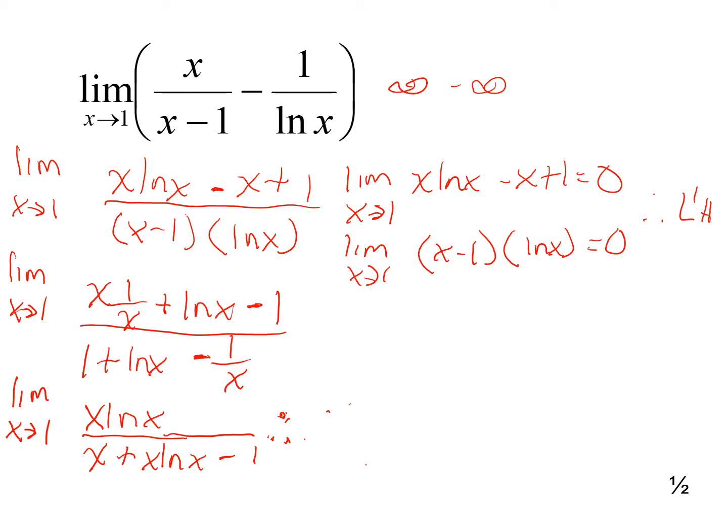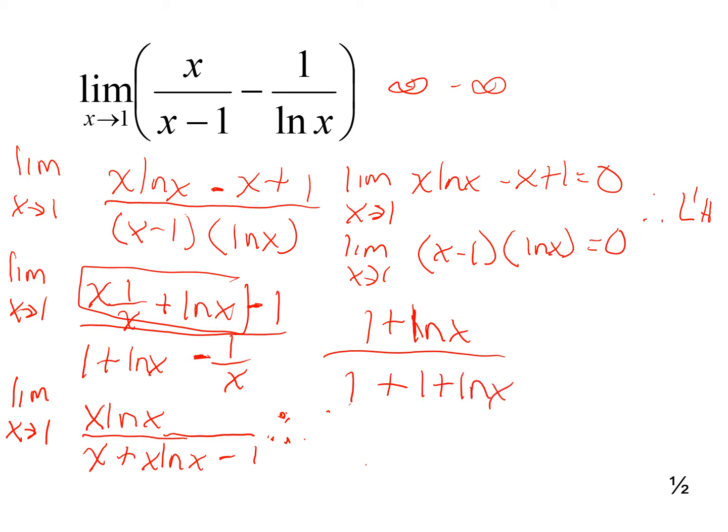I already know that the derivative of x natural log of x is 1 plus the natural log of x, over 1 plus 1 plus the natural log of x. Now when I take that limit as x approaches 1, I get 1 over 2, a half. That was similar to the problem that we did before.